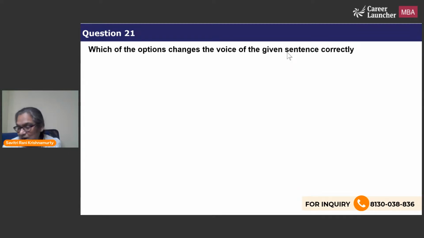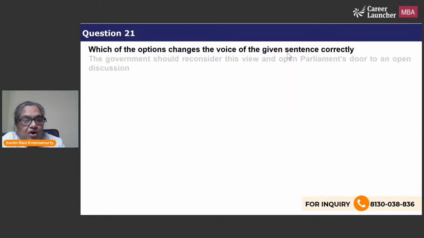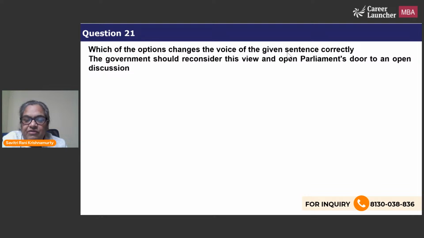All right. Now, two areas you need to revise before going for the SNAP test are active and passive voice and direct and reported speech. In active and passive voice, just remember the subject becomes the object and the object becomes the subject.